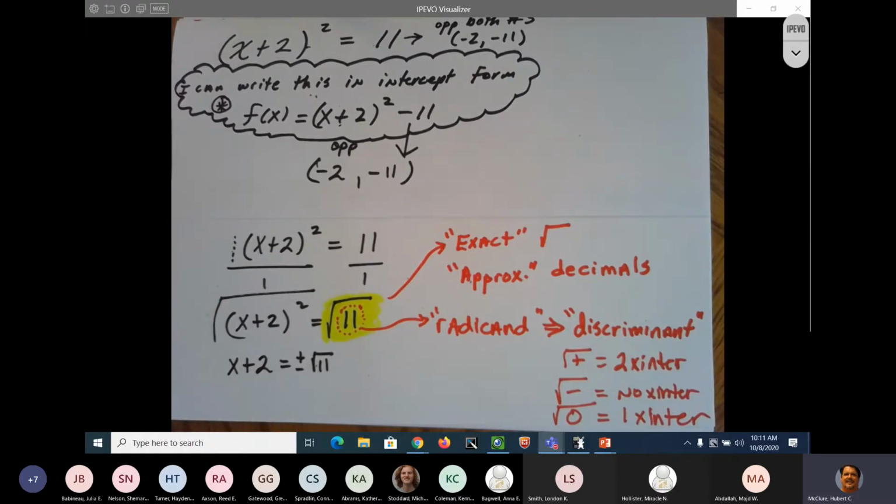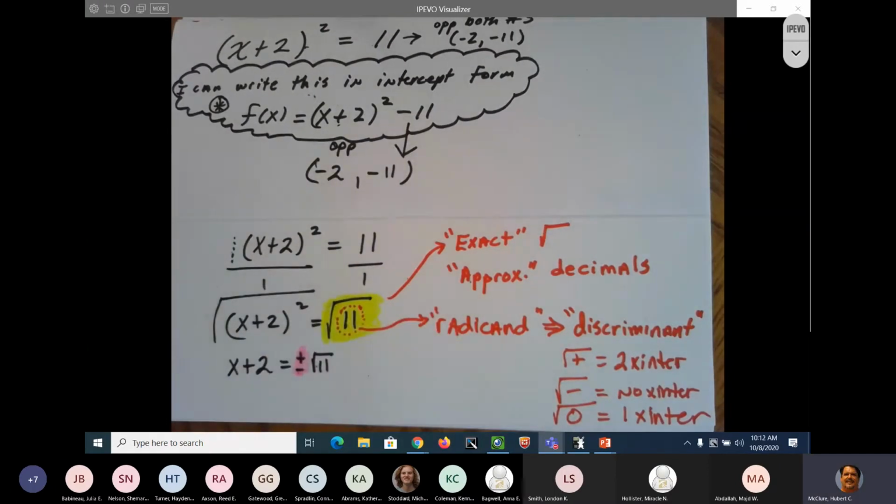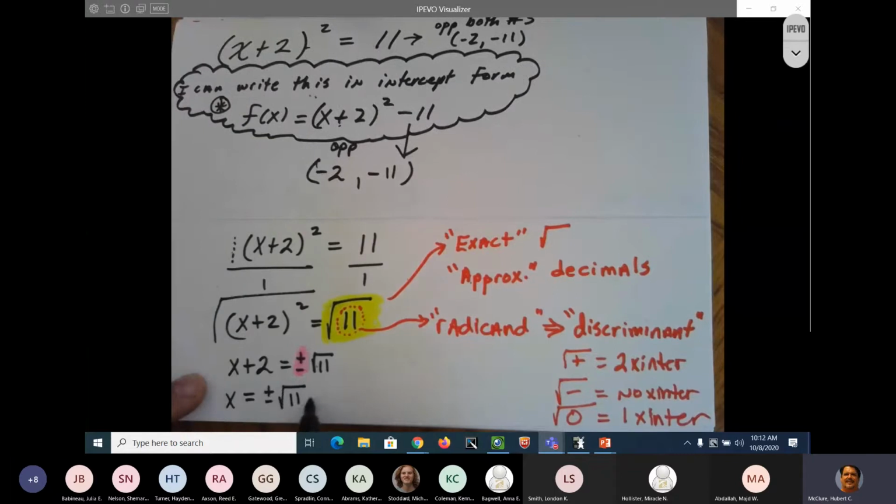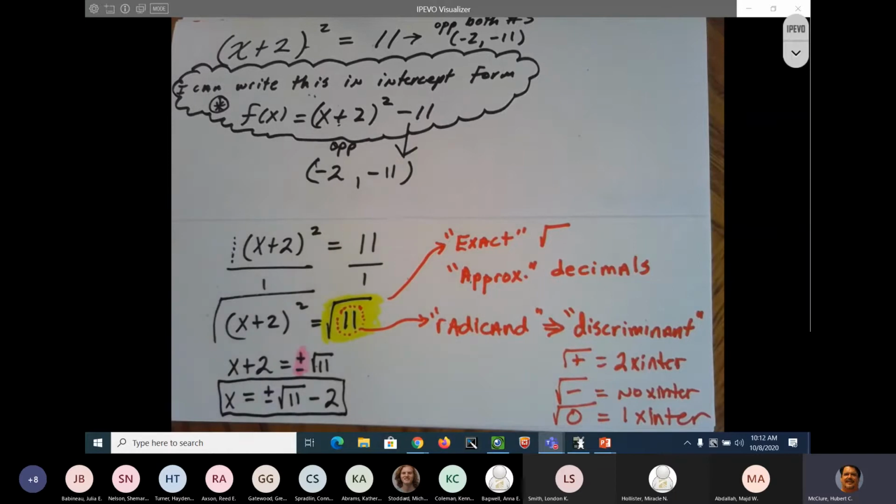Yes or no? Well, I just put it in red, so that means yes, it is important. Why is it important? Because you're going to add the positive and the negative to get your x-intercepts. And x is equal to positive or negative square root of 11 minus 2. This is called the exact answer.